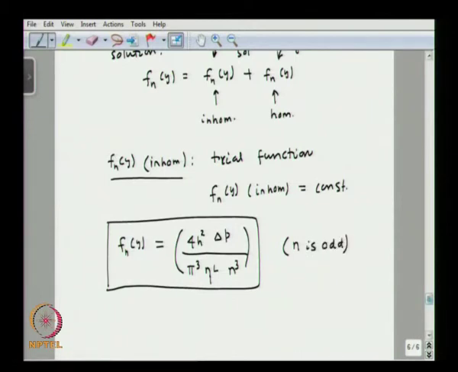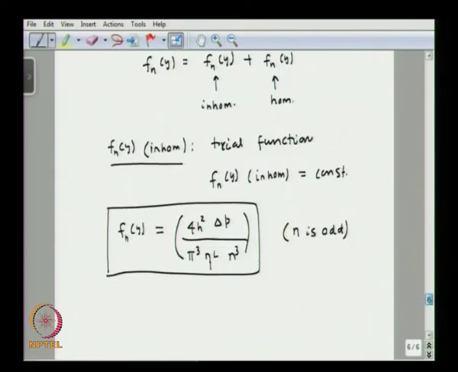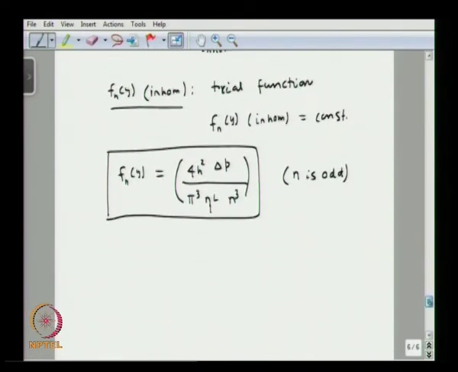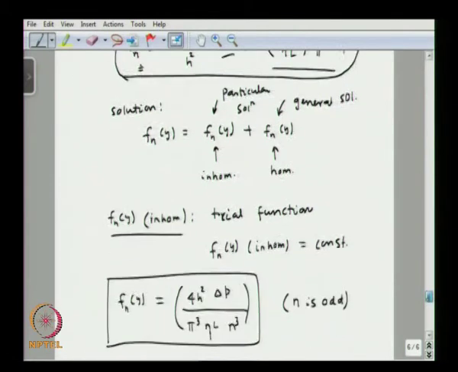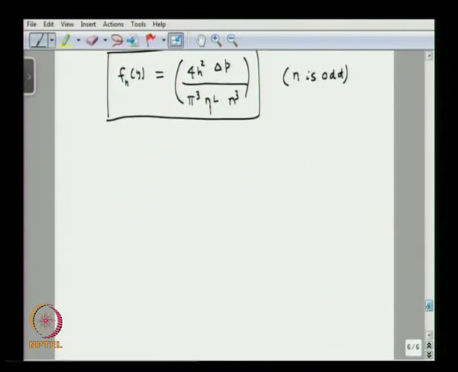Okay. Now, to find the homogeneous solution or general solution, the right hand side must be made 0. Okay. So, for the homogeneous solution we would have the equation f_n double dash (y) minus n square pi square over h square into f_n(y) will be equal to 0.